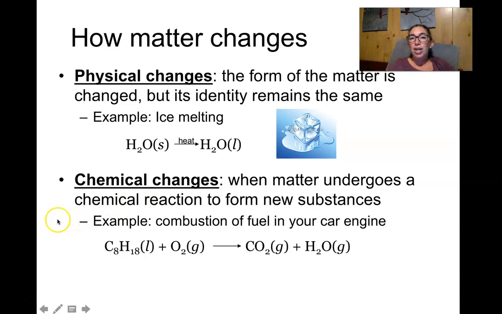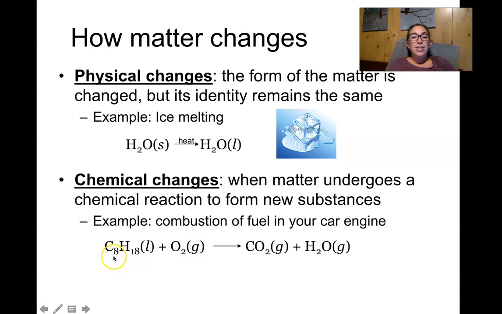In a chemical change, though, you're getting a rearrangement of atoms and getting new chemical formulas. New chemicals are forming. So in this problem here, the combustion of fuel, octane, in your car, when you drive and you burn gas. Gasoline contains octane, which is a liquid, and it burns in oxygen. Oxygen's required for burning, which is a gas.